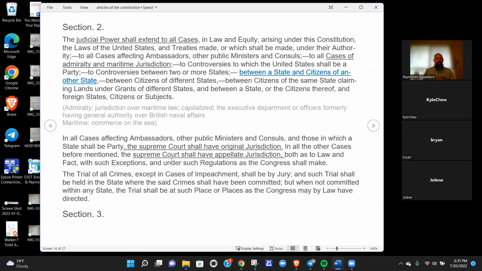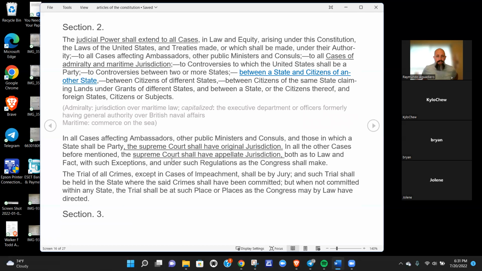All right, in all cases affecting ambassadors, other public ministers and consuls, and those in which a state shall be party, the Supreme Court shall have original jurisdiction. So that's where the case will get opened for anything affecting an ambassador, a public minister, or those in which a state is a party, straight to the Supreme Court. I think what I said earlier about the federal courts is wrong.